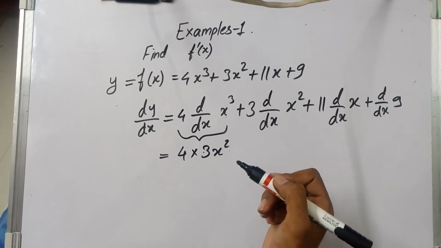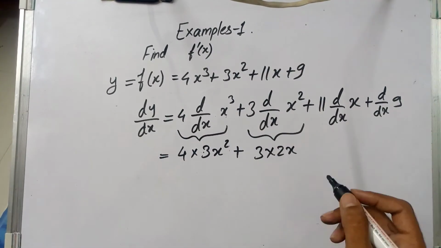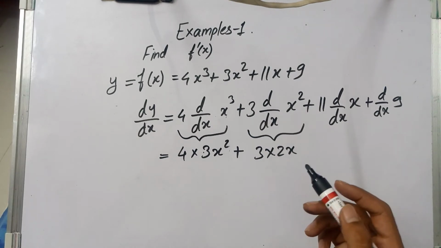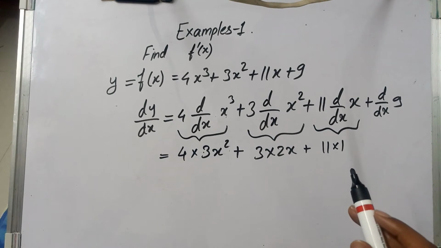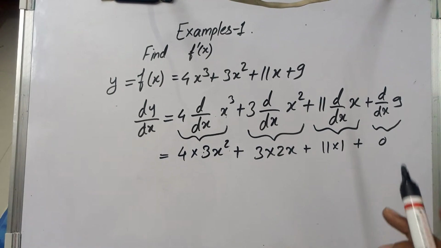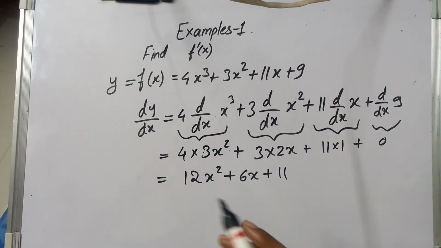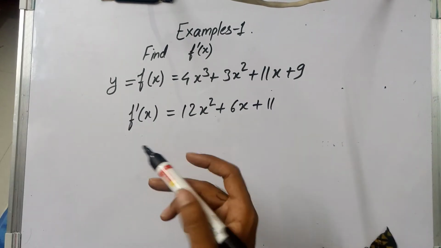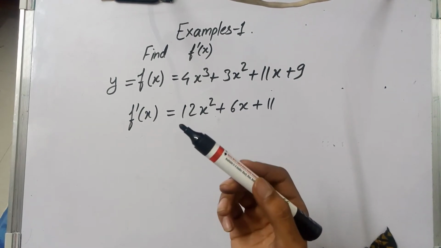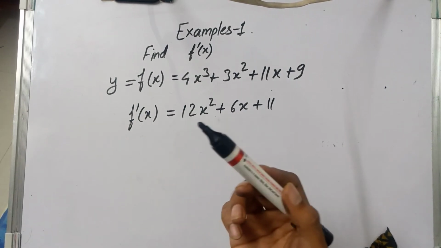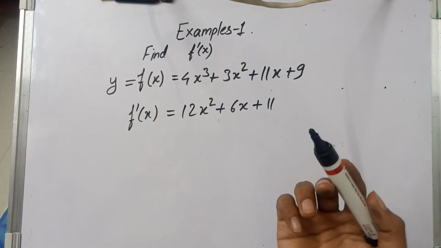This gives 3 into 2x, 11 into 1, and this gives 0. Sum of all this gives 12x square plus 6x plus 11. So we get derivative of f(x) is 12x square plus 6x plus 11.